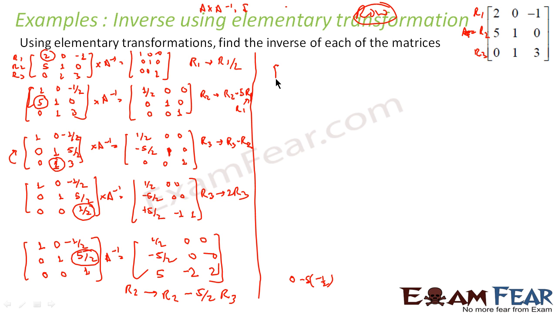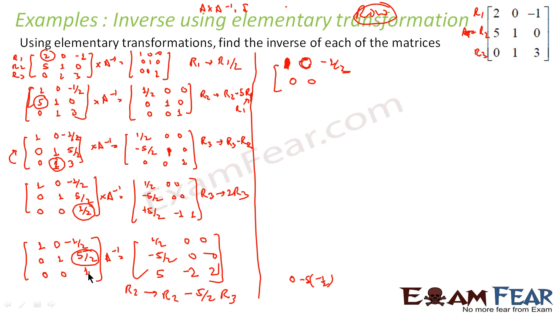So what I get here is 0 minus, sorry, 1, 0 minus 1 by 2, and R2 is getting impacted. So this guy becomes 0 minus 5 by 2 into 0 is 0 only. So 0 into 0 cancel. And 1 minus 5 by 2 into 0, so this is 0, 1 minus 0 is 0.